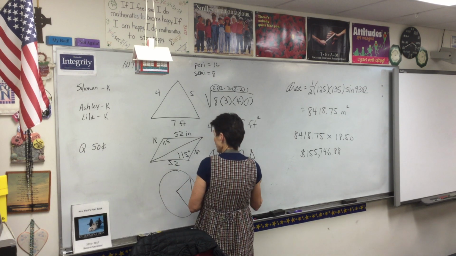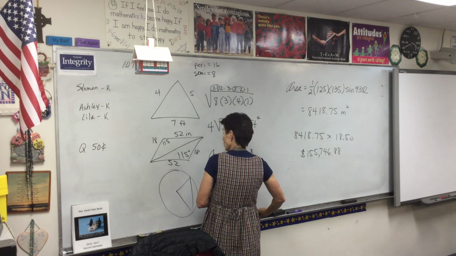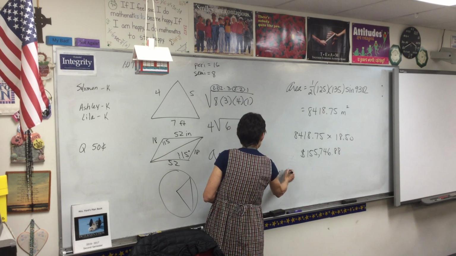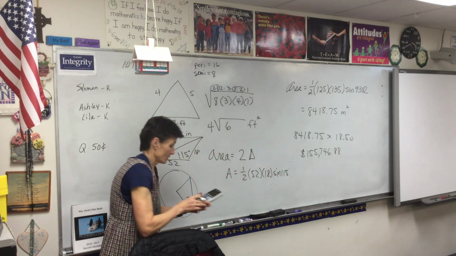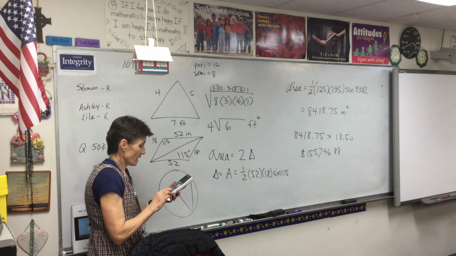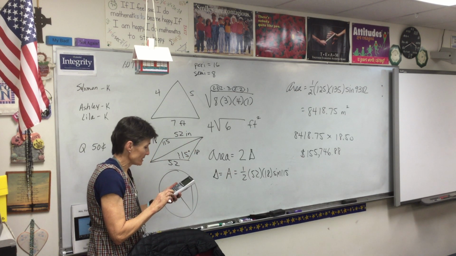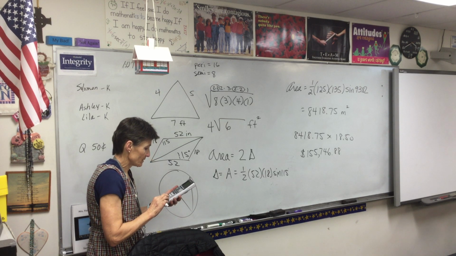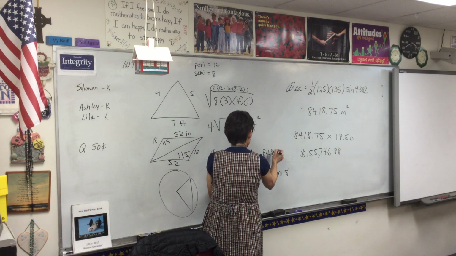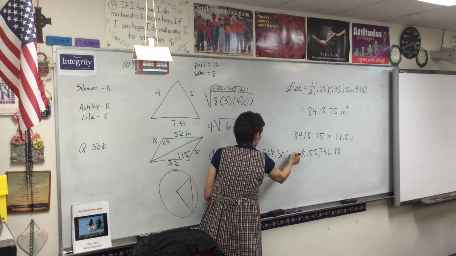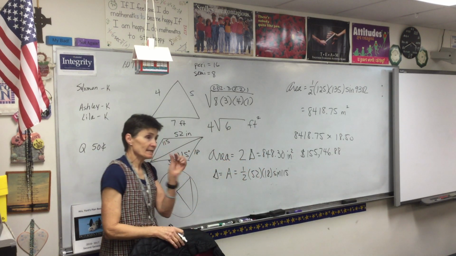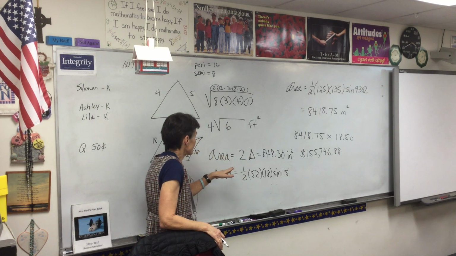And the triangle is 1/2 times 52 times 18 times sine 115. This is the triangle area. So 1/2 times 52 times 18 times sine 115. Now I'm going to double that. So my answer is 848.30 square inches.